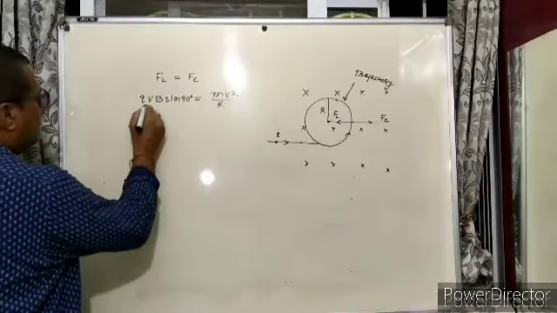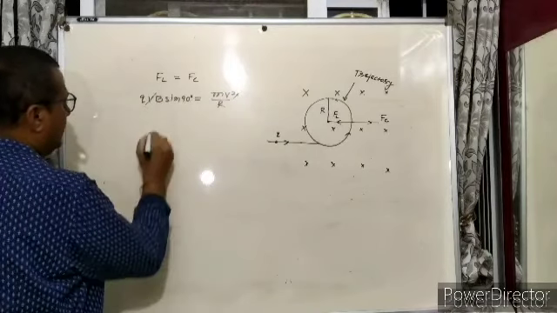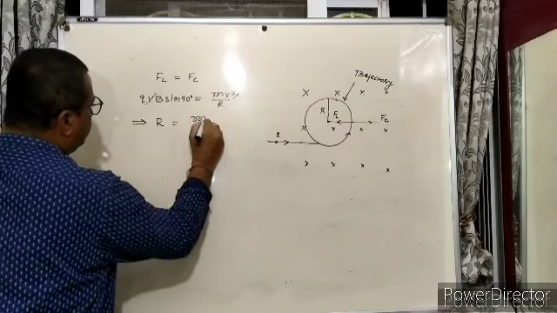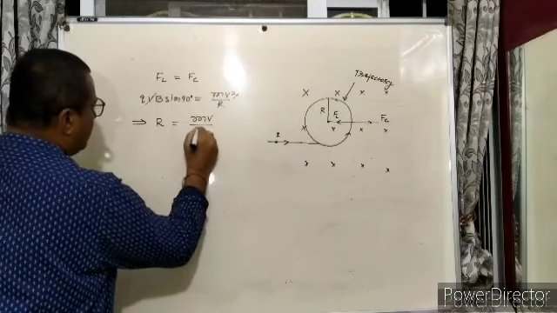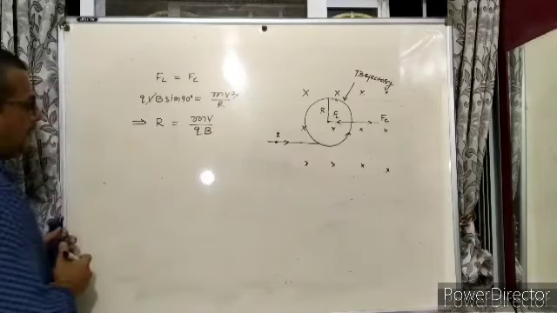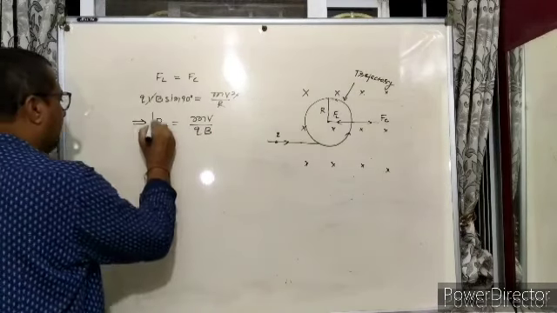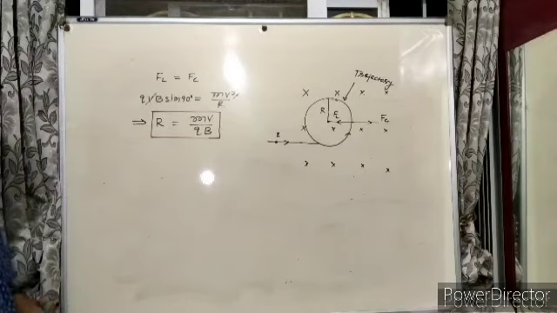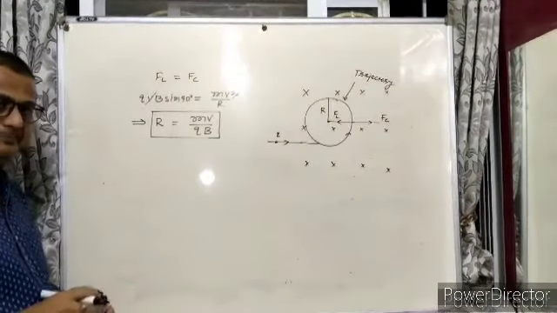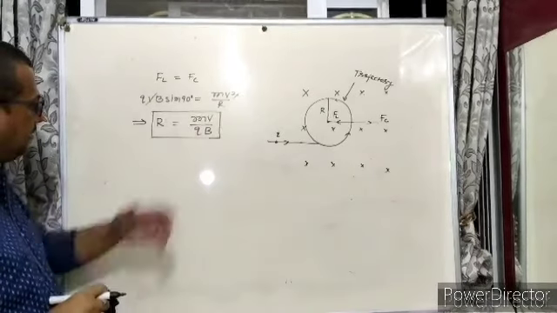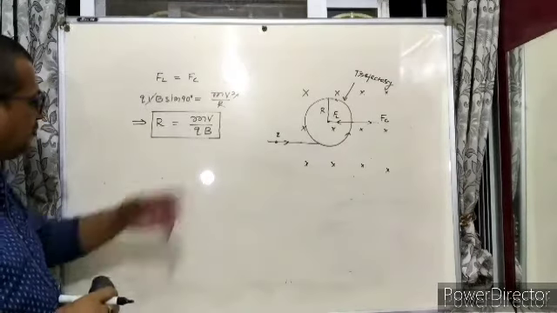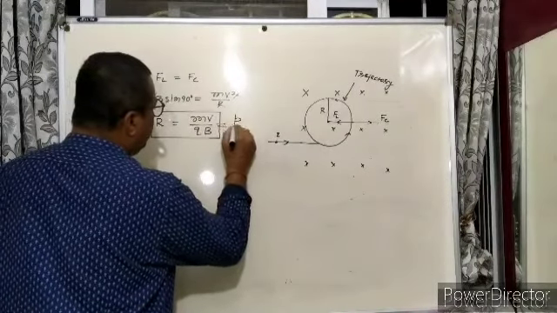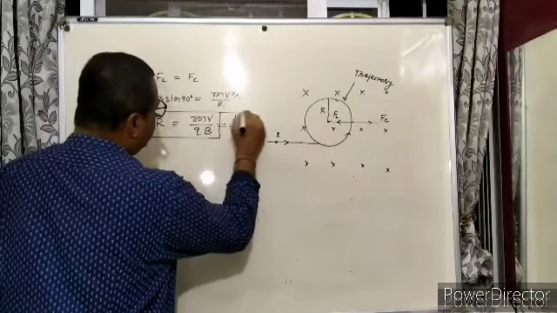Now v will be cancelled and r will be equal to mv by qB. This is the radius of the circular path. mv is momentum, mass into velocity, so we can also write p by qB.